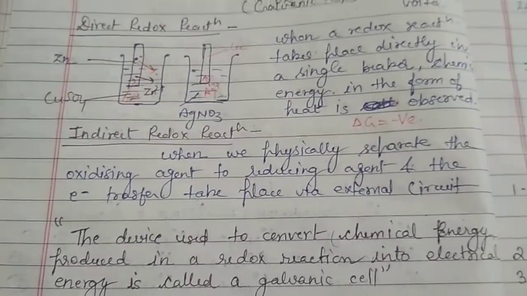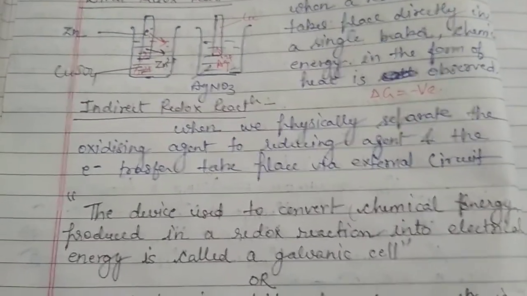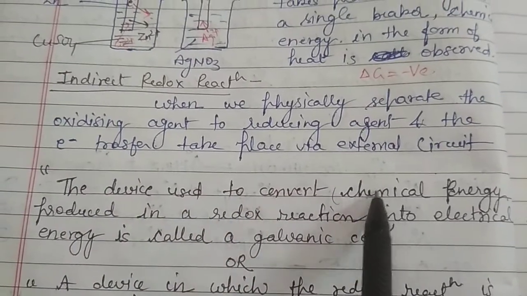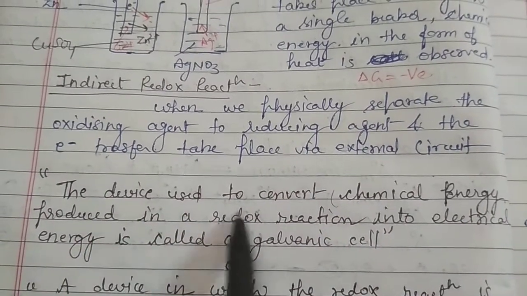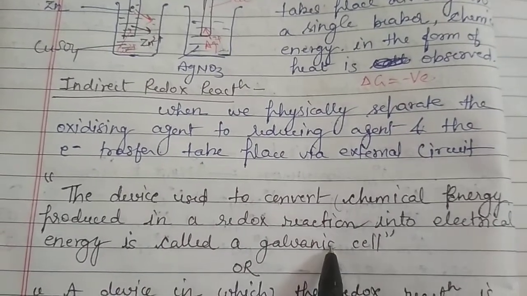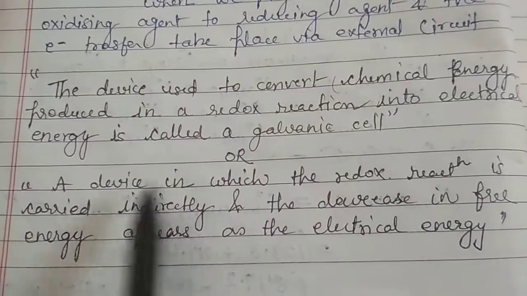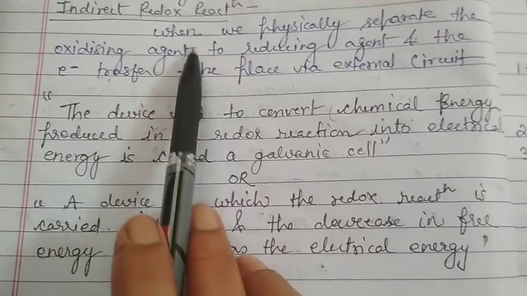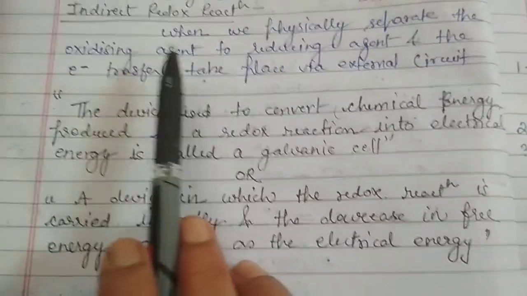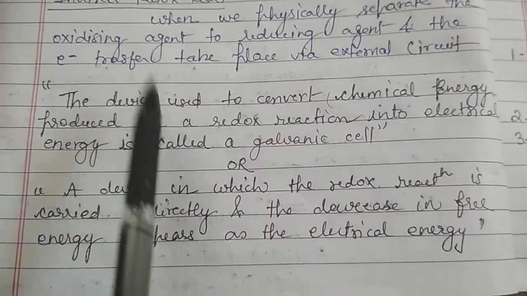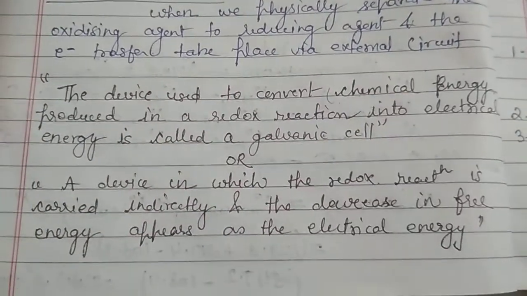So now we can conclude what an electrochemical cell is. The device that is used to convert chemical energy produced in a redox reaction into electrical energy is known as the galvanic cell. Or we may also say it is the device in which the redox reaction is carried out indirectly. As I have told you, we separate the oxidizing agent from the reducing agent, and we transfer the electrons through the external circuit.